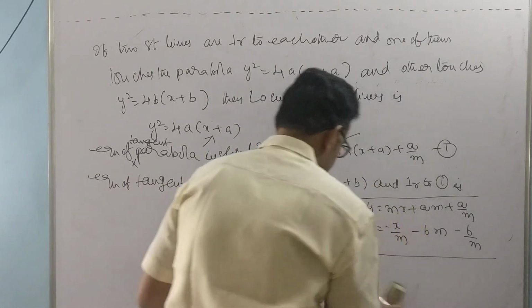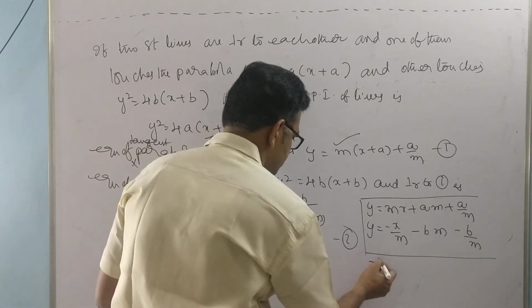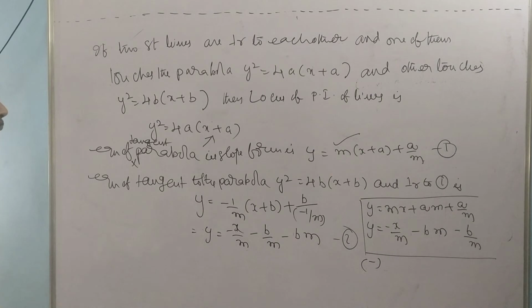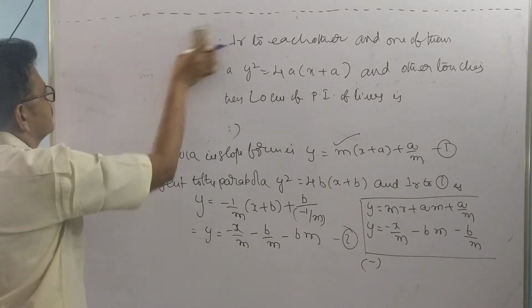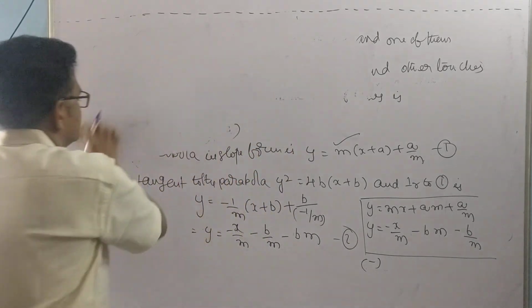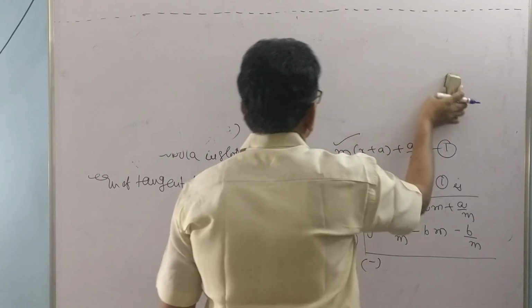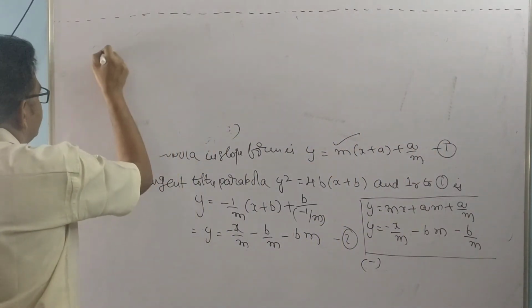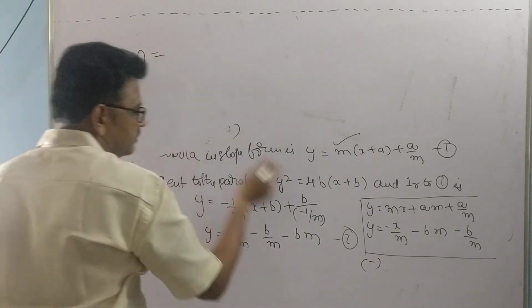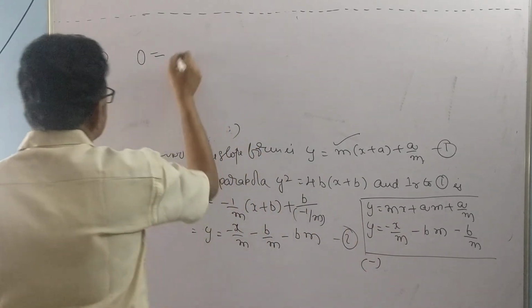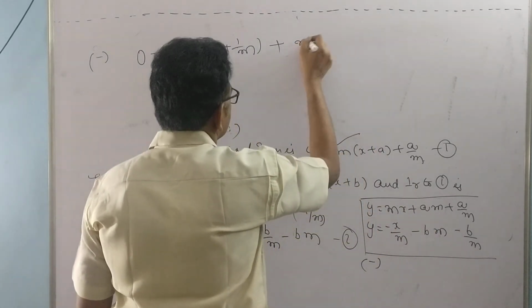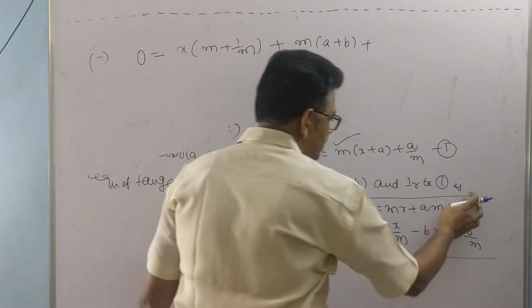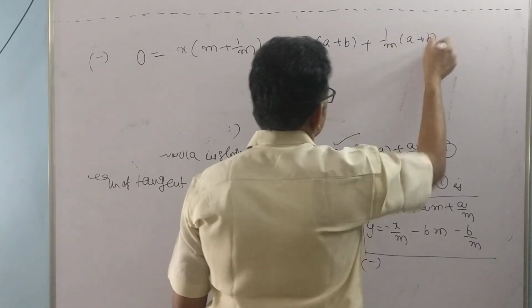Or I can write by subtracting these two, y gets cancelled, that is 0 is equal to mx plus x by m, x is taken common, m plus 1 by m, plus am plus bm, m is taken common, a plus b, plus a by m plus b by m, 1 by m is taken common, a plus b.